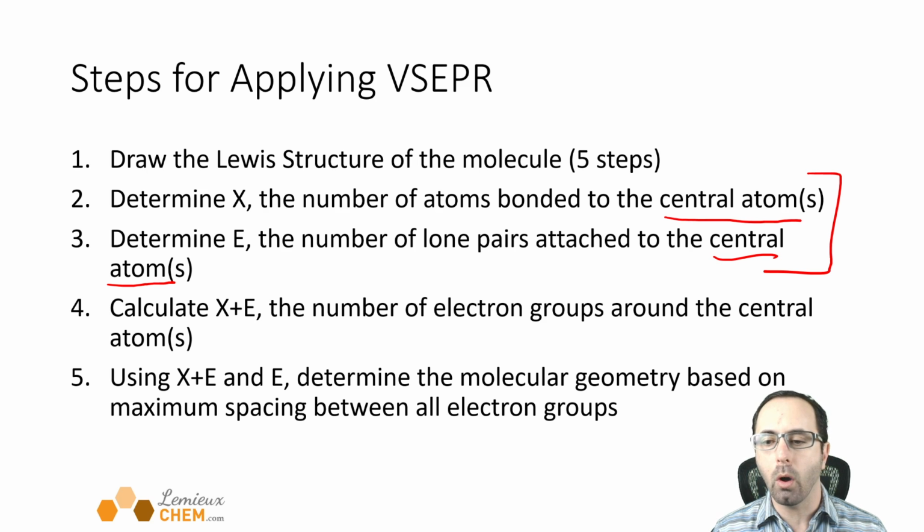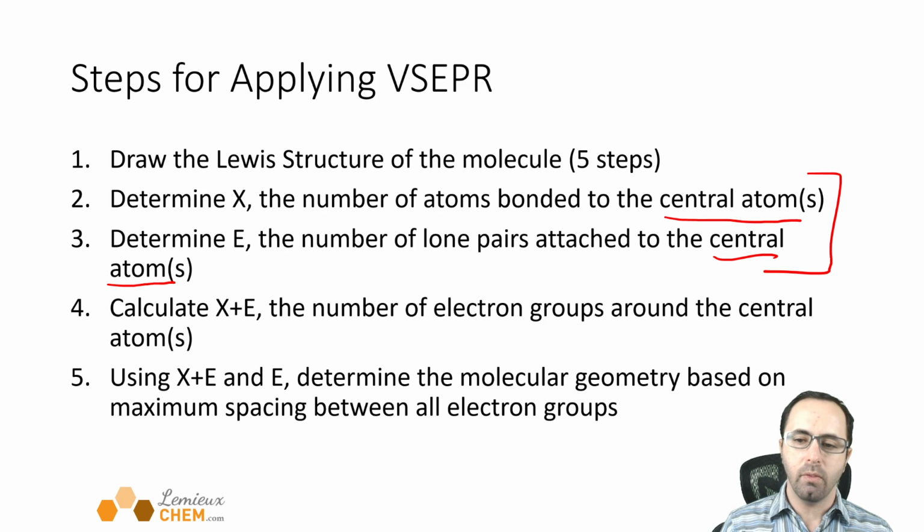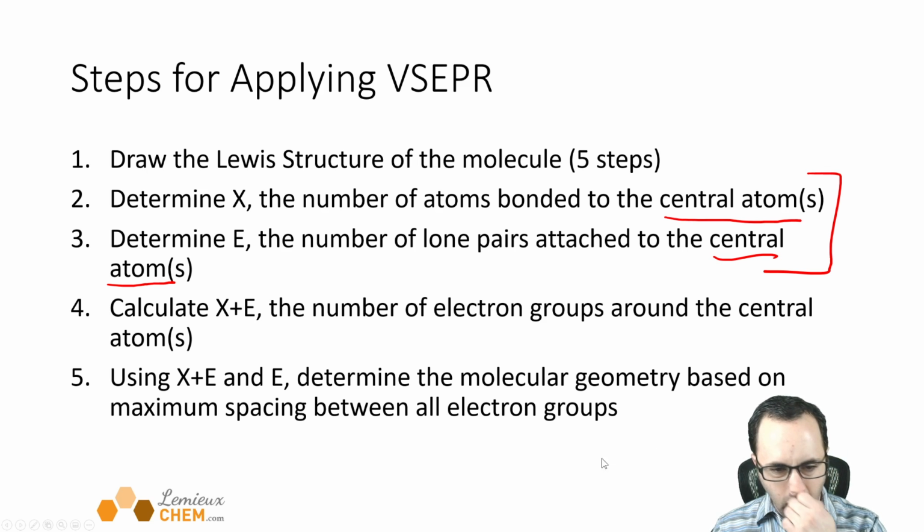So if there's more than one center atom, we repeat all these remaining VSEPR steps, not drawing a Lewis structure, obviously, that will already be drawn, for every central atom that there is. If there's only one center atom, we only have to do it once.